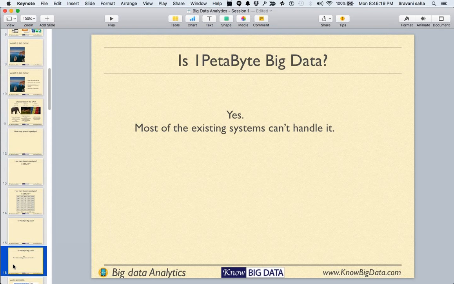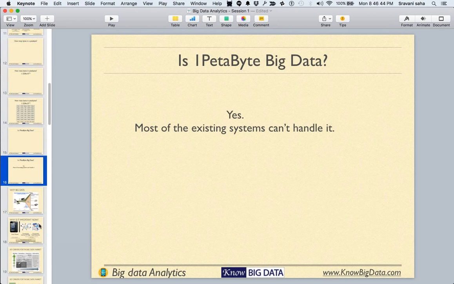Even if they stored 1 petabyte of data, reading it requires really fast IOs. Therefore, a single machine would take years to read 1 petabyte of data. Therefore, you will require thousands of computers to store and read 1 petabyte of data. Brilliant. Thank you, Sahib. Thank you, Karthik.